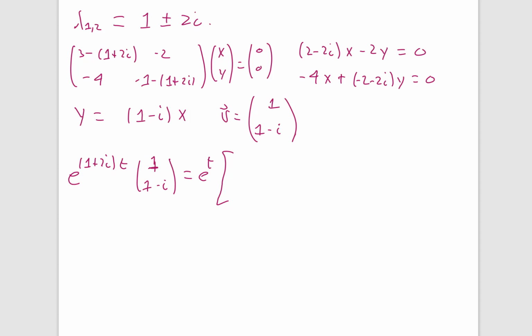And then e to the 2it is cosine 2t plus i sine 2t, and then we'll multiply this by the vector, which is going to be 1, 1 plus 0, minus 1.